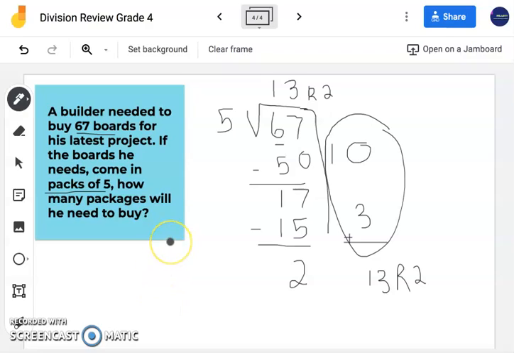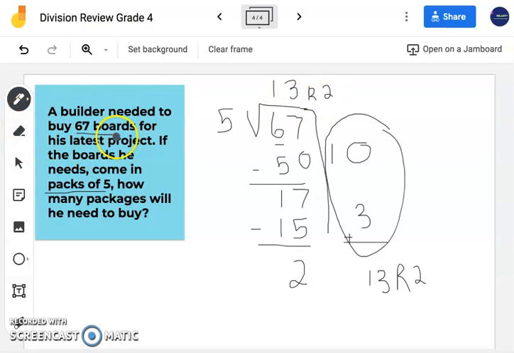So here's the thing, he needs 67 boards, whether he has 13 packages, 14 packages, 15, 16 packages. But whatever he does, he has to have 67 boards. So if we just buy 13 packages, you're going to find that you only get 65 boards. And we're short 2. We need the full 67 boards.